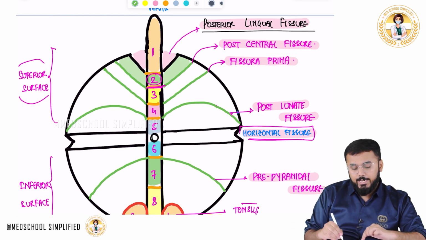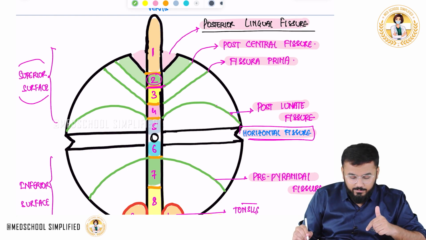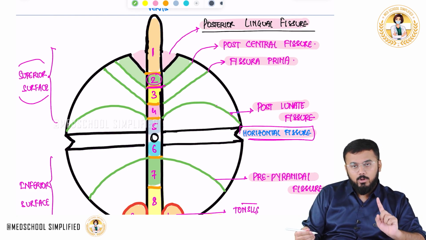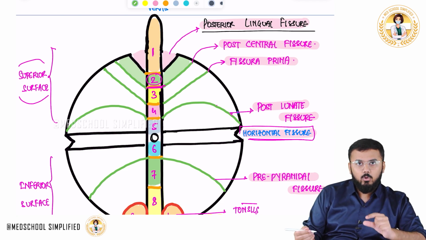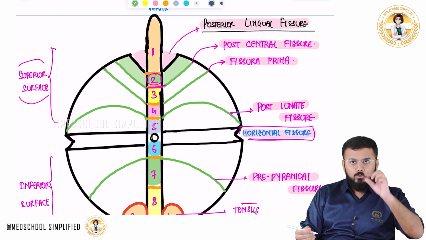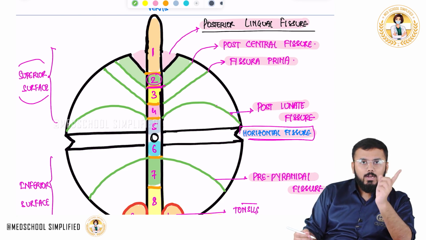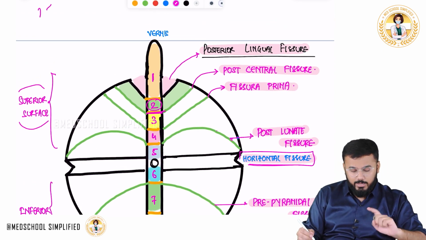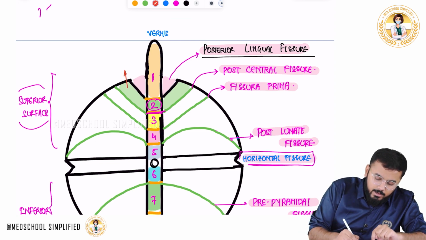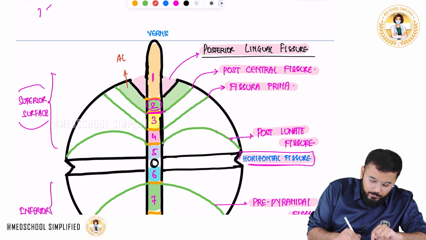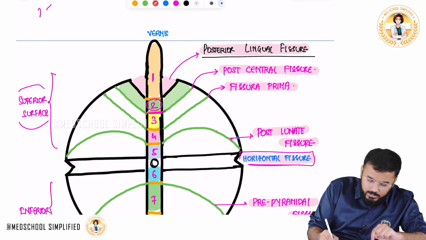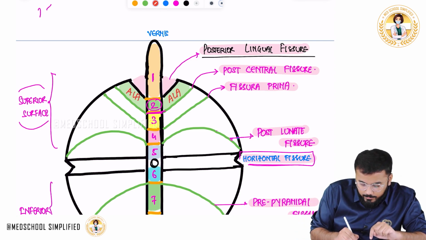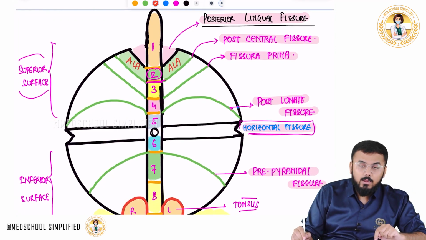This green shaded part is the lobule present on either side of the second lobule of the vermis. This area of the cerebellum is called the ala. Let me write it down here. This is called the ala.